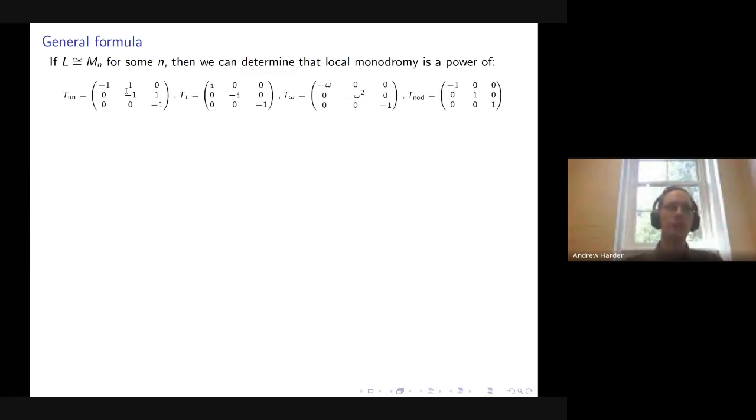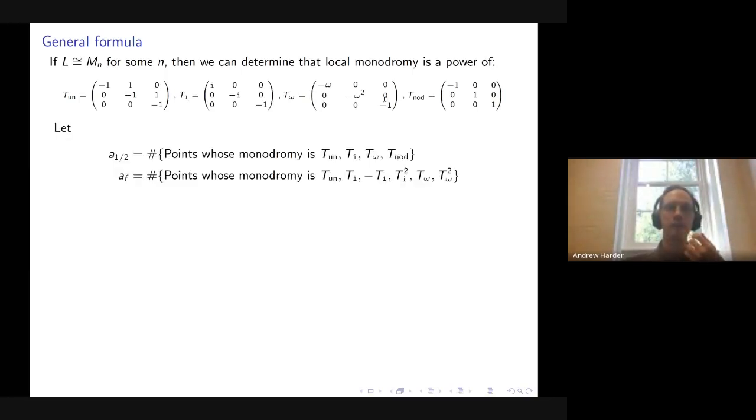Okay, so the first thing that you need to notice is that there is a classification of the local monodromies of any M_n-polarized K3 surface fibred family. So this is essentially some sort of group theory type thing, and you can just deduce that local monodromy must be some power of one of these matrices. Okay, so let's write this out.